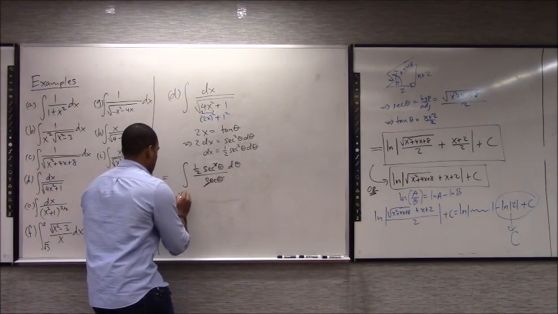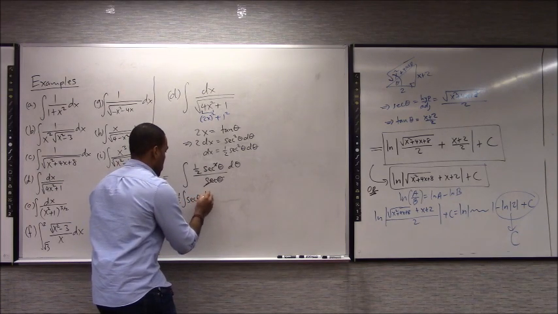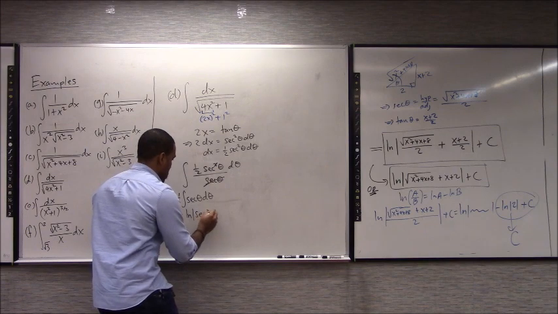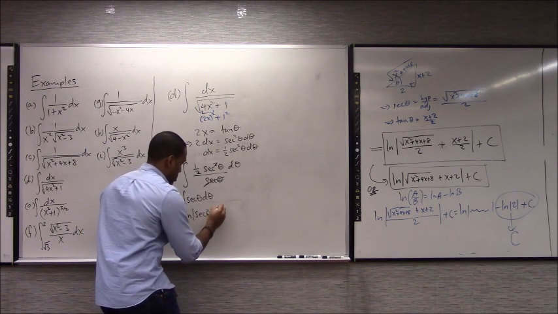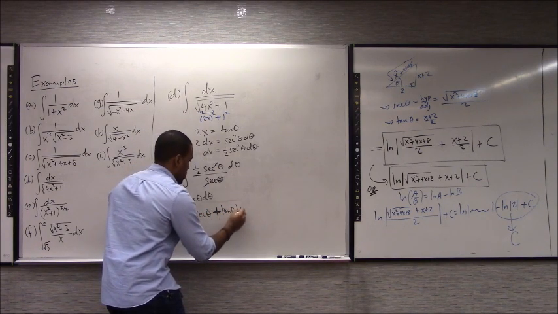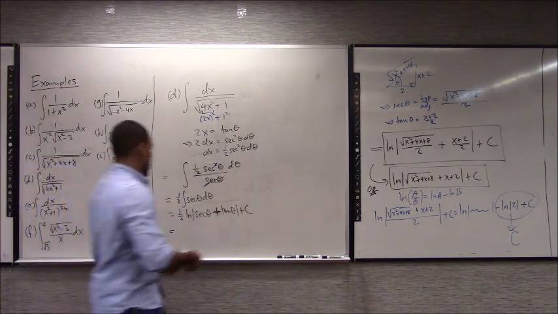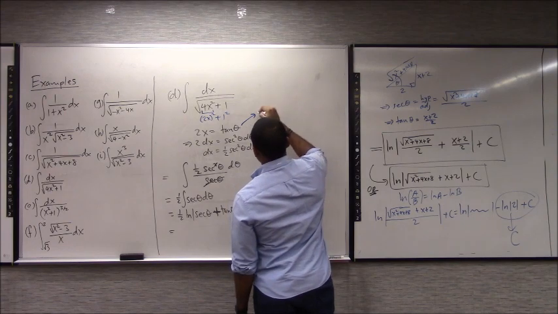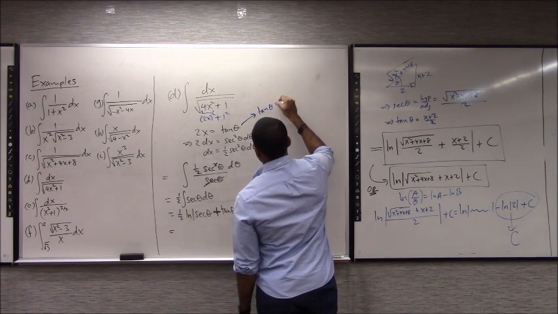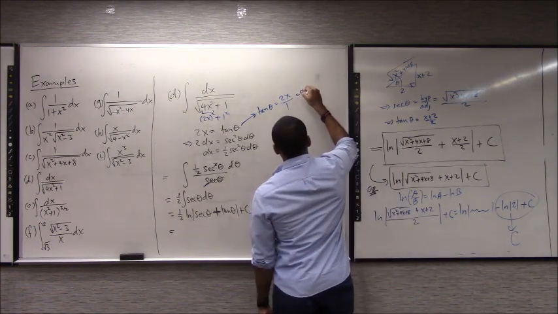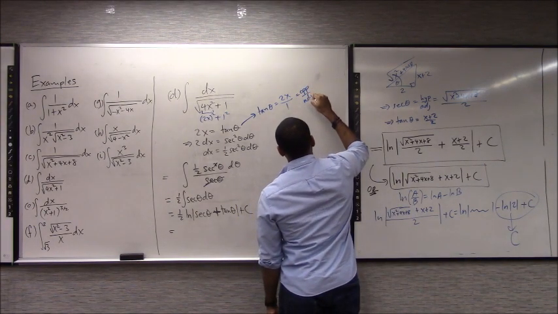So we have 1/2 the integral of secant, and again, you're going to do the back substitution. Here, we know that our tangent of theta is equal to 2x. You think of it as 2x over 1. That's going to be your opposite over adjacent.